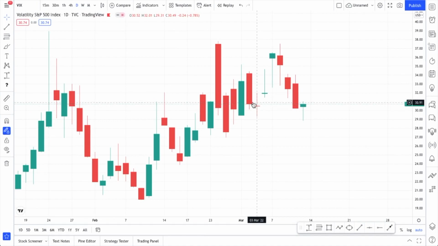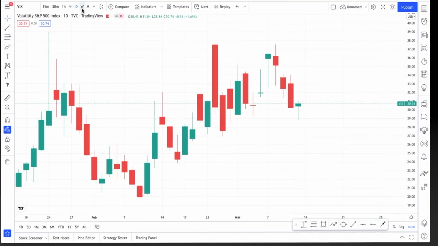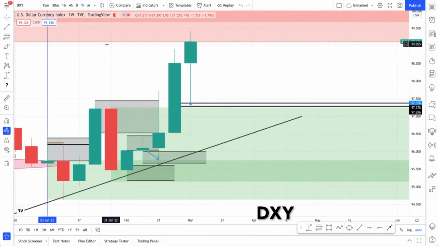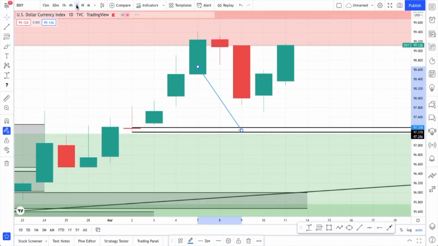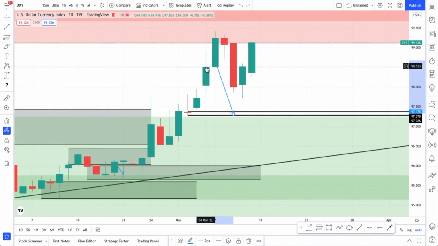So again, if we move on to the dollar index, we can see that currently prices are hitting a level of supply. If we move down to the daily time frame, we can see that over here they have since created a daily setup which could provide a move to the downside.